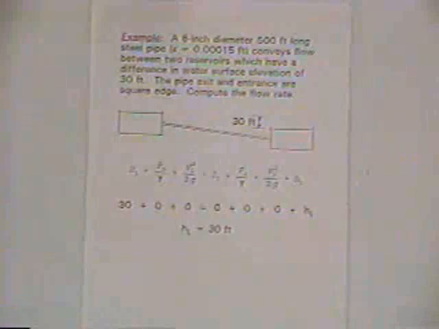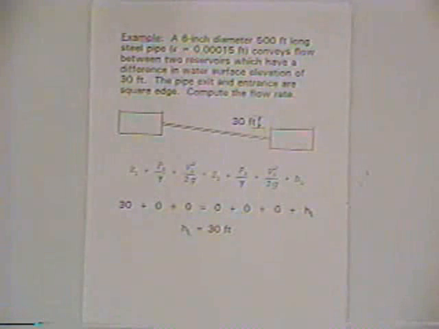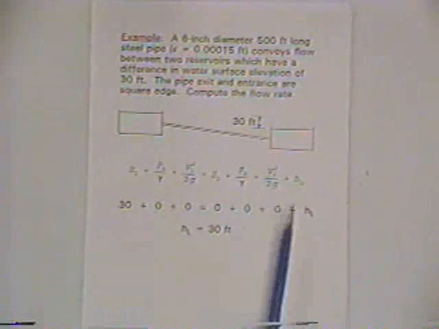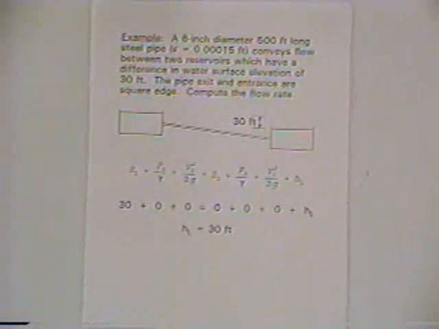This example is a classic fluid mechanics problem of connecting two storage tanks with a pipe. It'll give us an opportunity to use the energy equation. As we use the energy equation, we've got a head loss term. We can use the Darcy-Weisbach equation to get the frictional head losses.